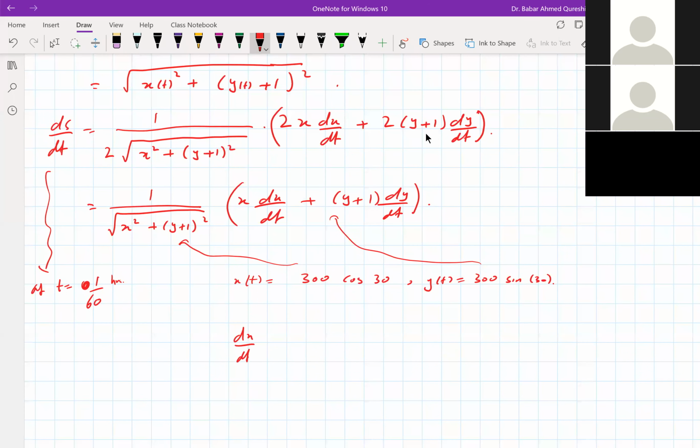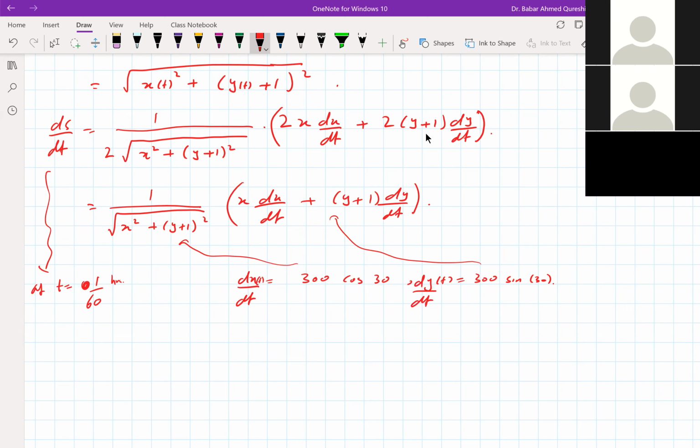dx over dt is again 300. Oh, sorry, this is dx by dt. Because you have a speed and you're looking at how the x and y are changing.